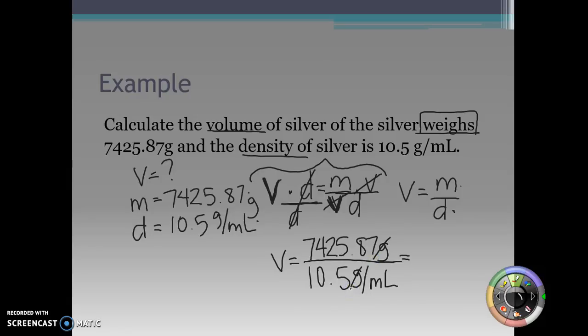That's going to cancel. Now, you always go with the least number of significant digits. So in this case, this guy wins, which has 3. So our final answer is going to have 3 significant digits. So 7,425.87 divided by 10.5. That gives us 707. Now, the only unit we have left here is milliliters, which is in the denominator of a denominator. So that's going to flip it up to the numerator, and that's going to be our final answer.